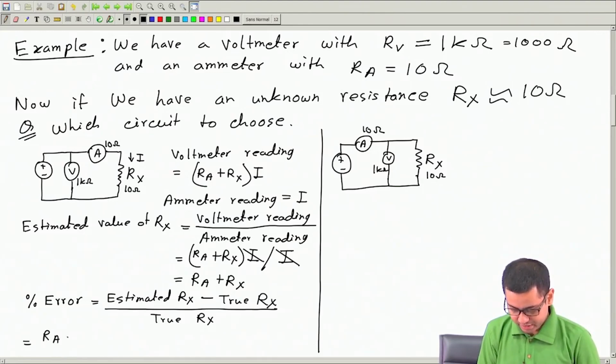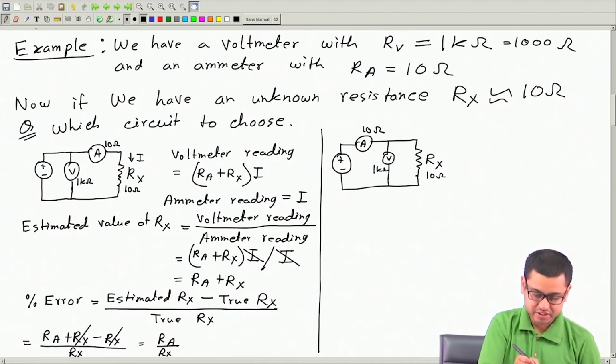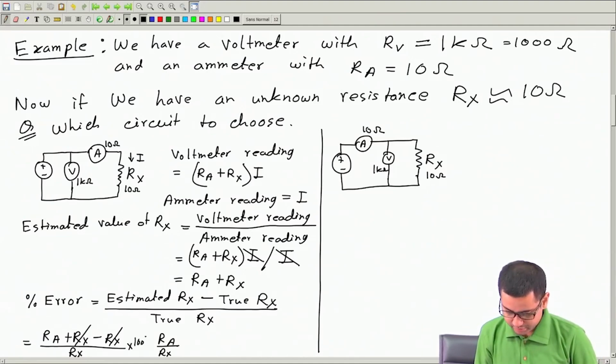So Ra plus Rx minus the true Rx, that is Rx, whole divided by the true Rx, which is Rx. So this Rx cancels, and this becomes Ra by Rx, multiplied by 100%.